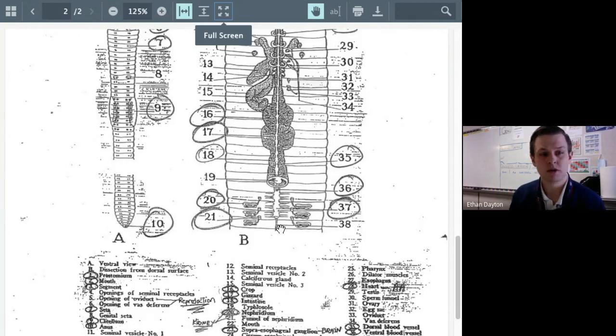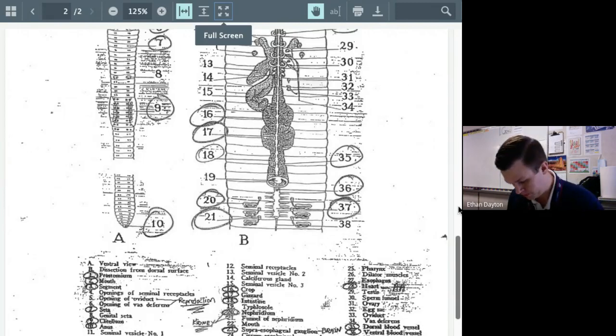Makes sense because the nerves need to reach all parts of the earthworm. Everybody with me there? So 37 is the nerve cord. Kind of like your spinal cord. Similar to that. 37 is the nerve cord.